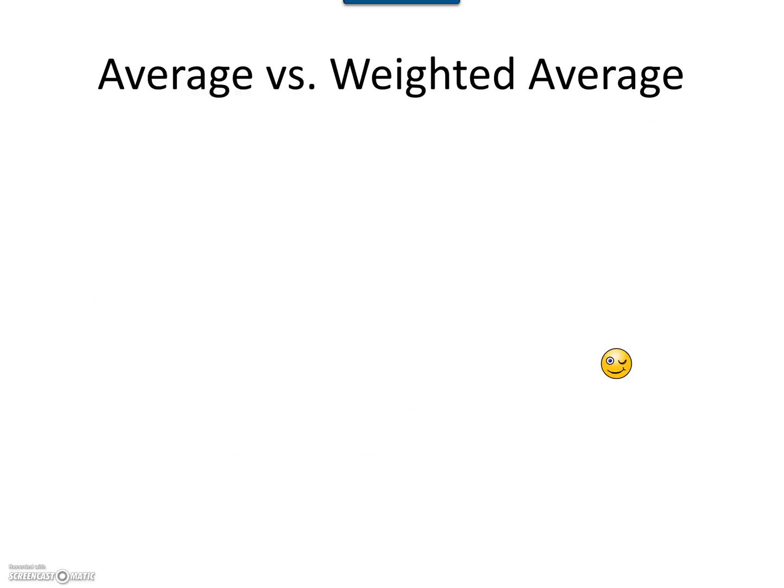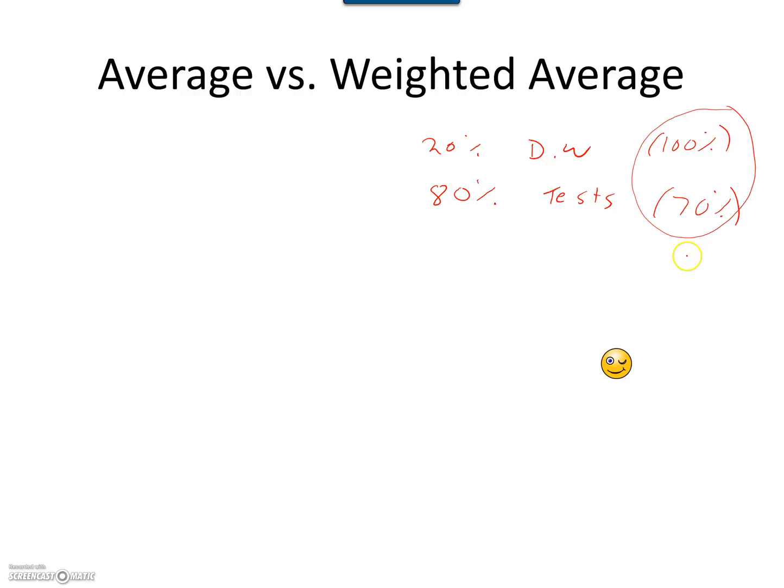So, how do we calculate a weighted average? One thing I want you to consider first is, let's say your chemistry grade is determined 20% daily work and 80% tests. If you get 100% in that daily work, nice job, by the way, I appreciate that, and your grade probably does too. But let's say on tests you're averaging 70%. A traditional average in this case would only consider that 100 and that 70, so my average would be 85%.